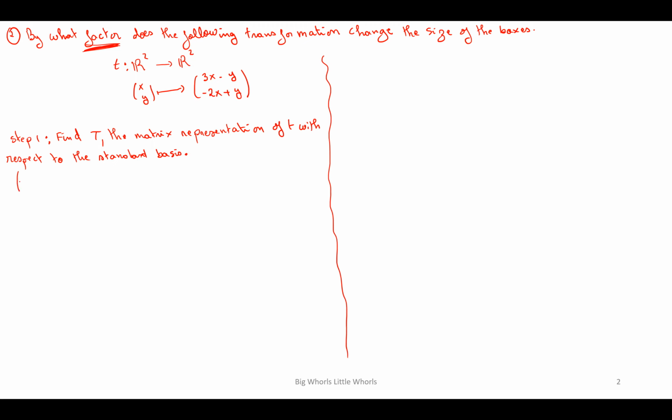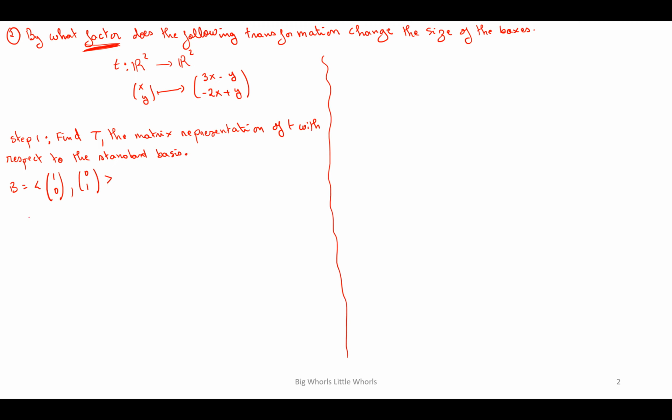So the basis B is equal to the standard basis of R2: (1, 0), (0, 1).